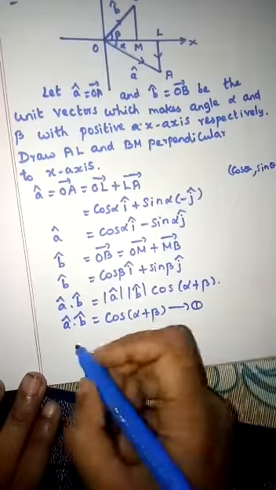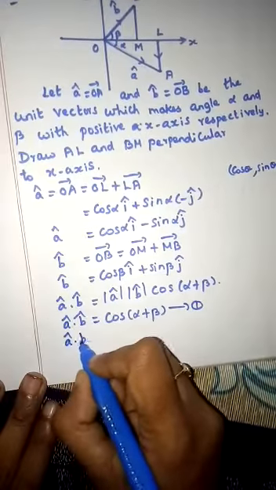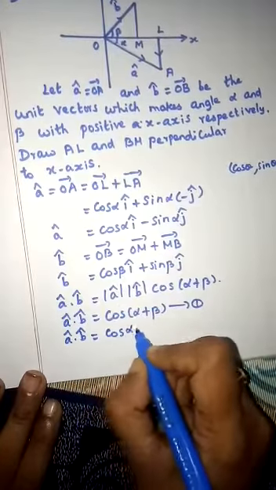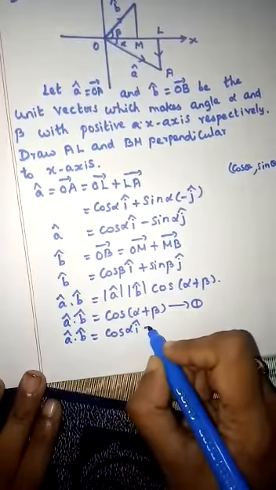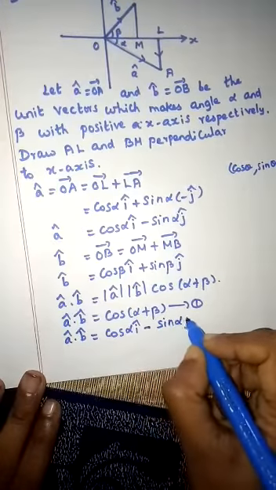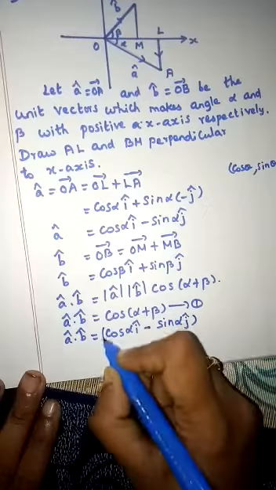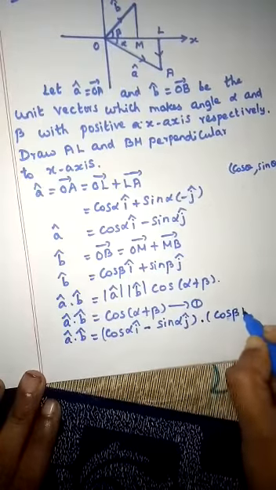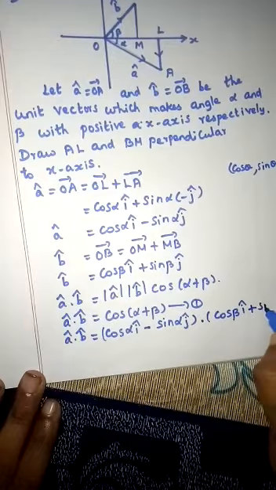In one more way we are going to find that A cap dot B cap. First you write the A cap value, cos alpha I cap minus sin alpha J cap, dot, don't forget to put dot, cos beta I cap plus sin beta J cap.